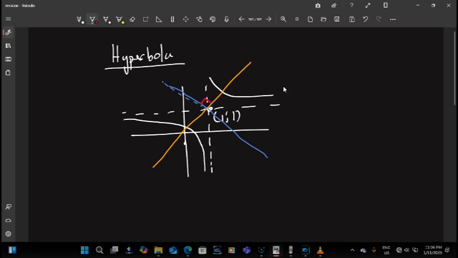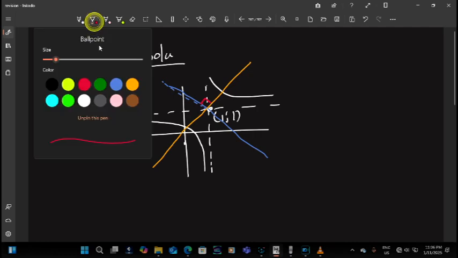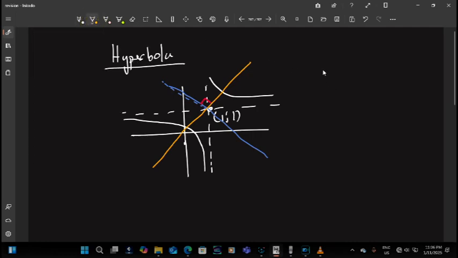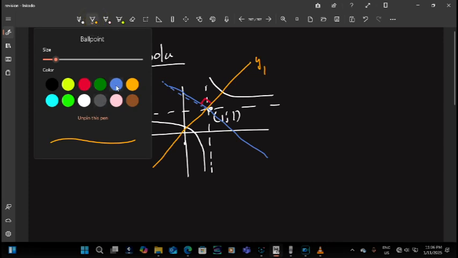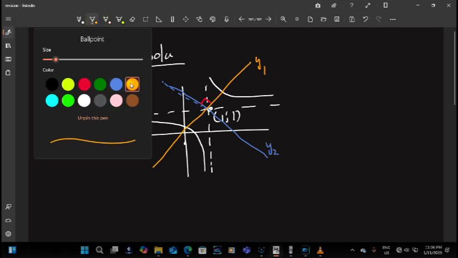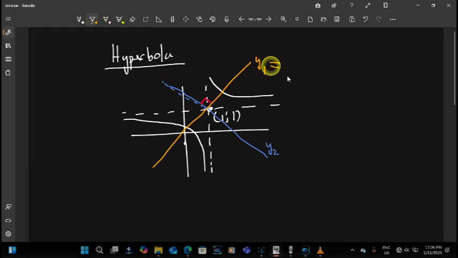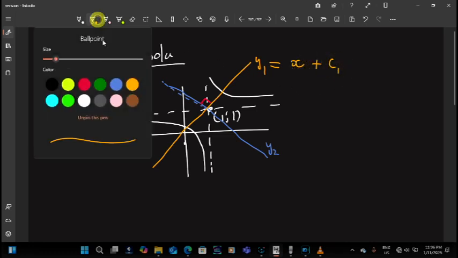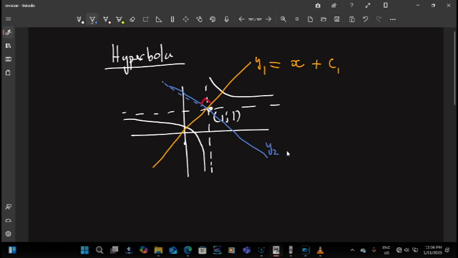So in this case, the one that is going up I will name y1, and the one that is going down I will call y2. The one going up will have the equation y1 is equal to x plus c1, where c1 is the constant, and the one going down will have y2 equal to negative x plus c2.